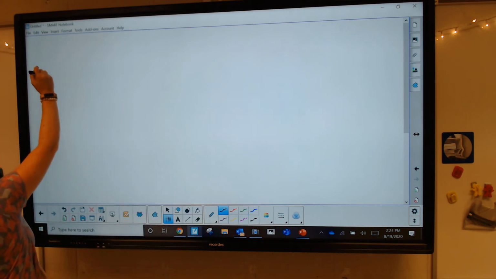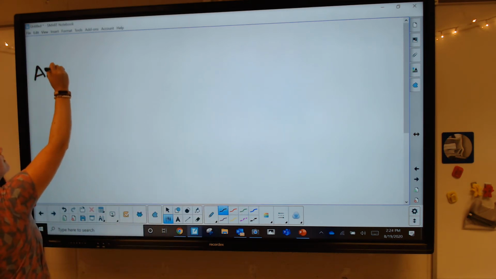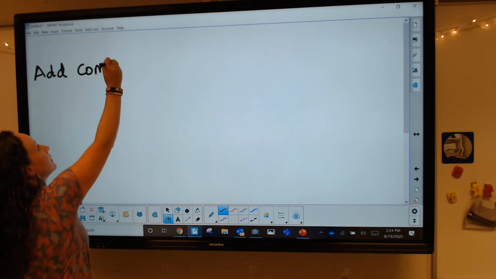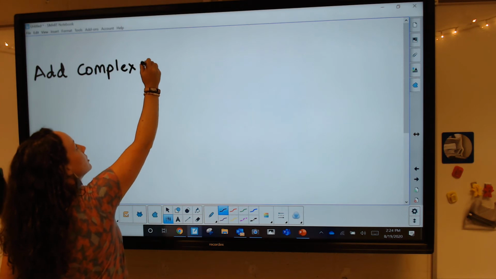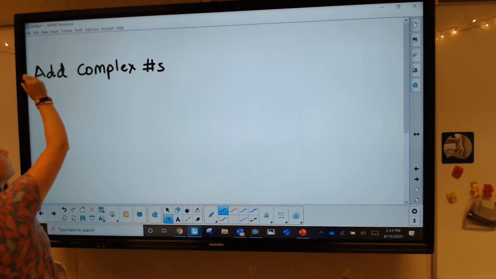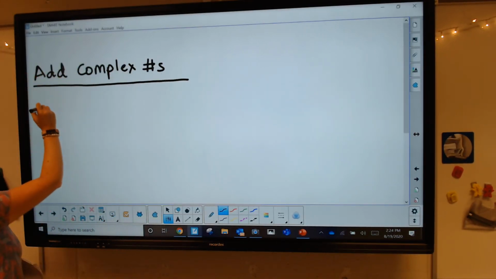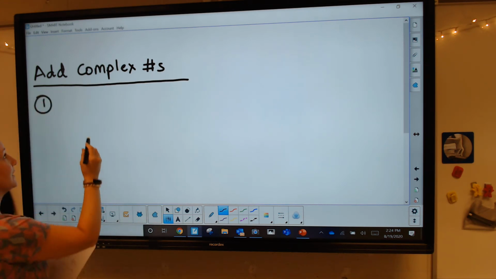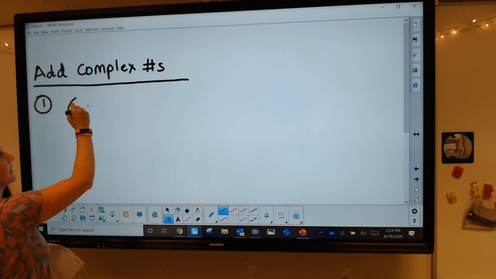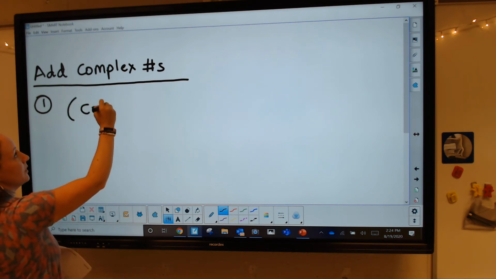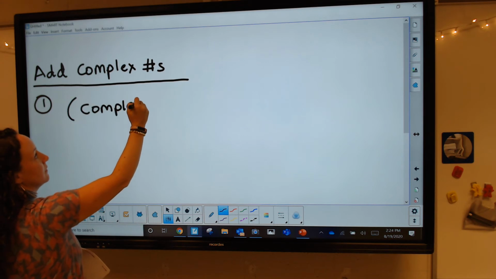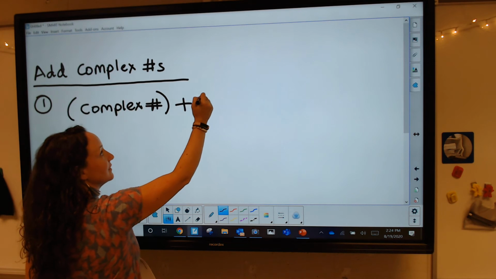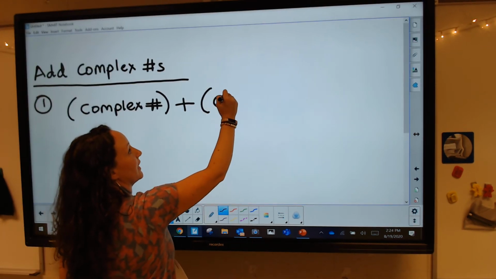So what they're going to do is have parentheses, a complex number, plus a complex number.